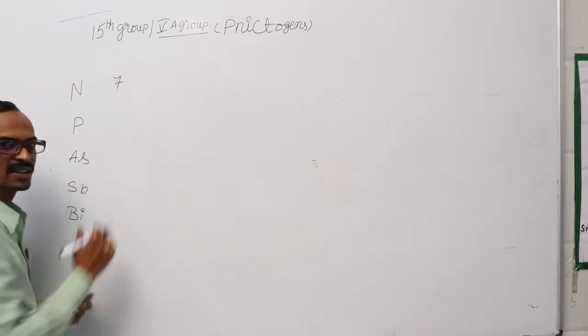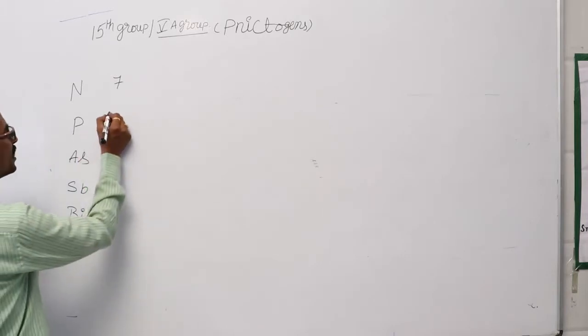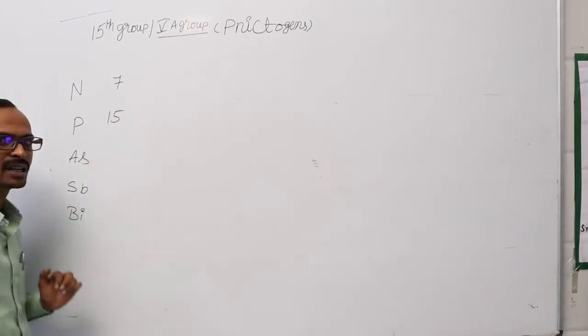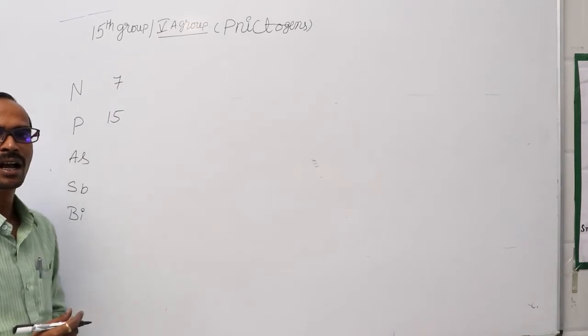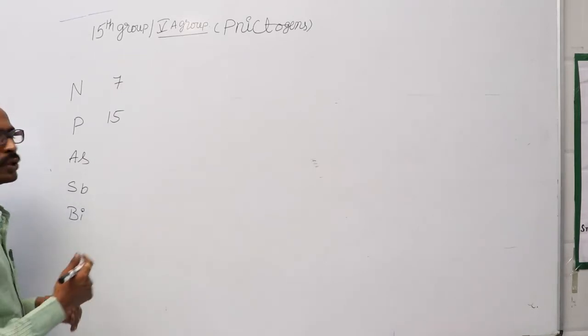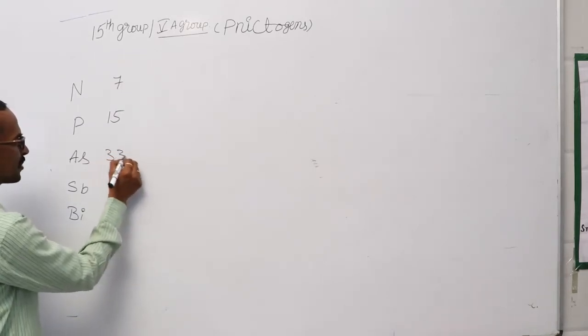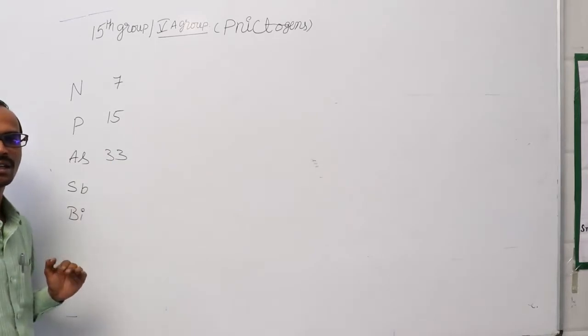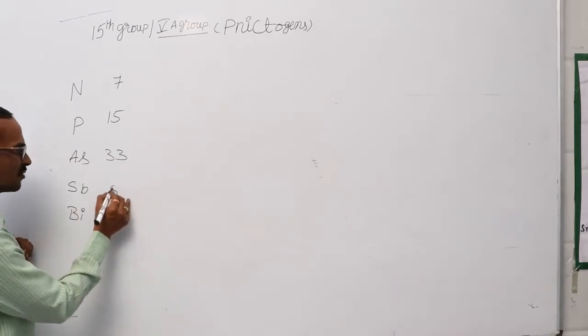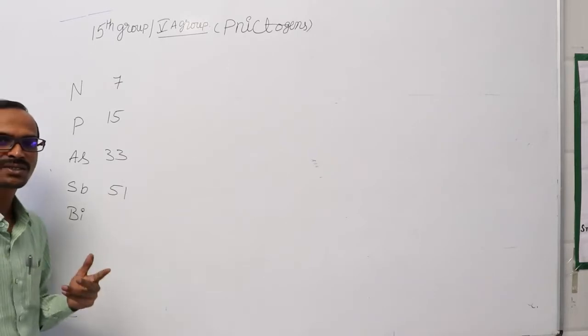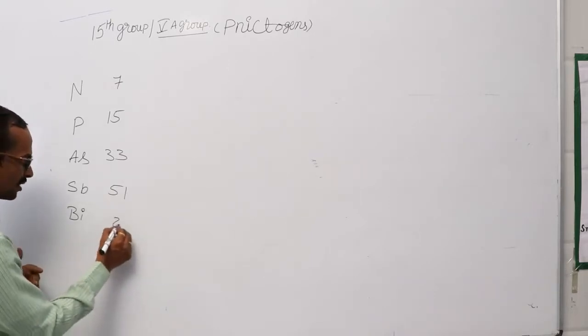So 7 plus 8, 15. And in the fourth period you are having 18 elements. So 15 plus 18, 33. Plus 18, 51. And plus 32, 83.